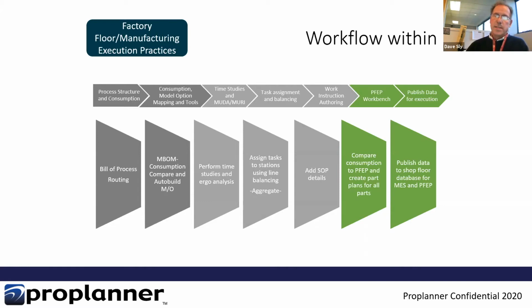And then we're going to need to make sure that the plant logistics system, the plan for every part, is capable of delivering those input materials where needed, when needed.